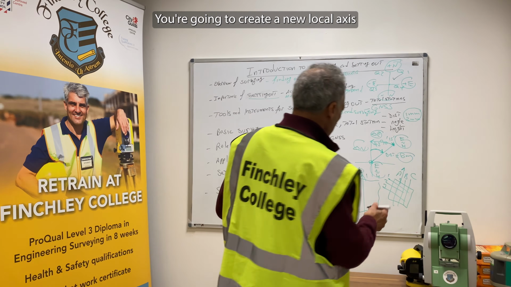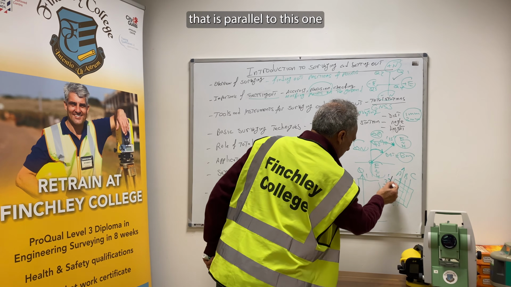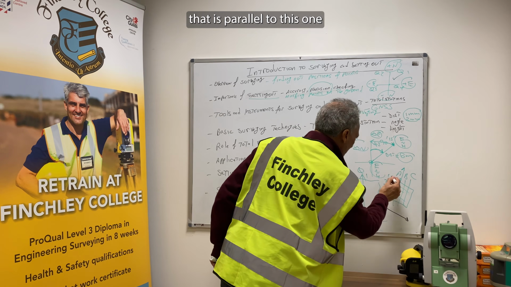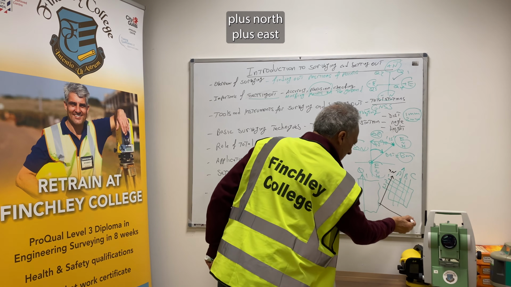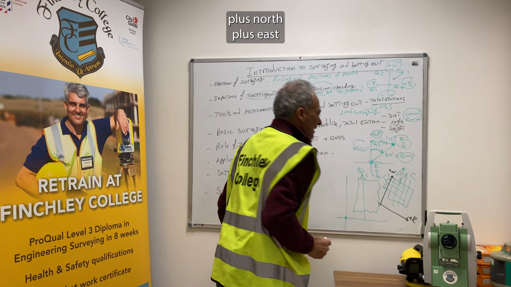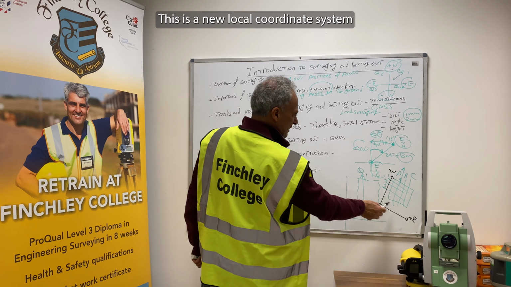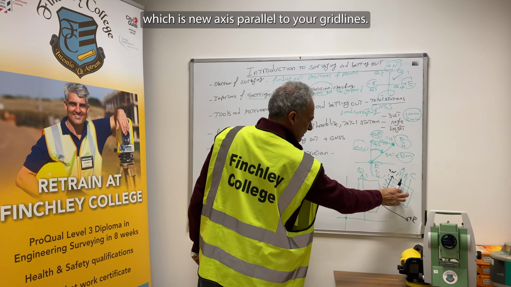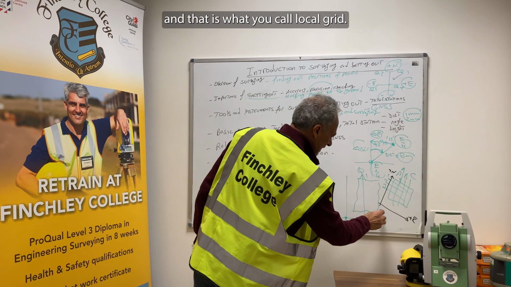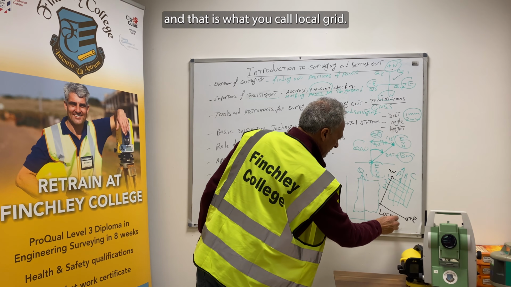You might want to create a new local axis that is parallel to this one, plus north, plus east. This is a new local coordinate system with a new axis parallel to your grid lines, and that one we call local grid.